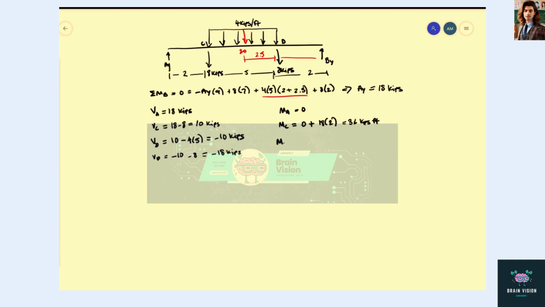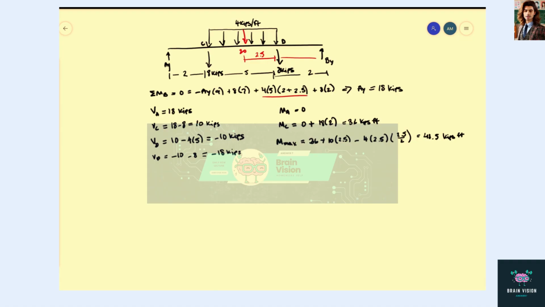So we have 36 plus 10 times 2.5 minus 4 times 2.5 times 2.5 over 2. And solving for that, we get 48.5 kip-feet.